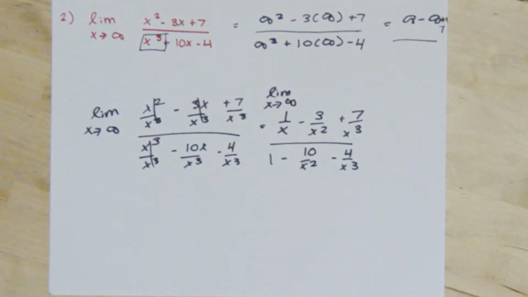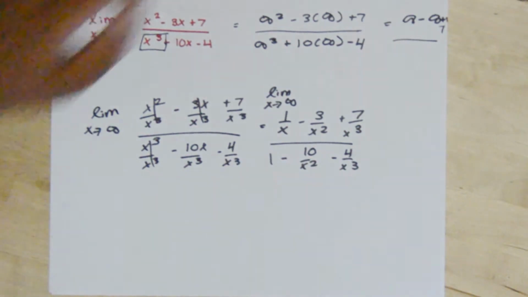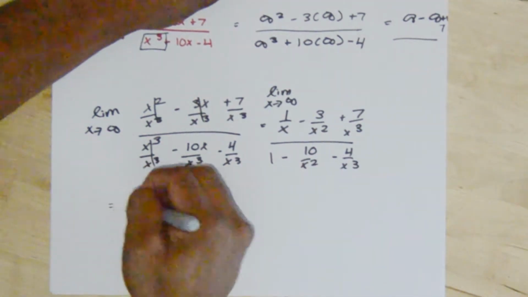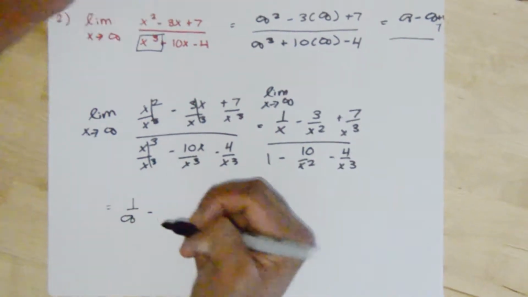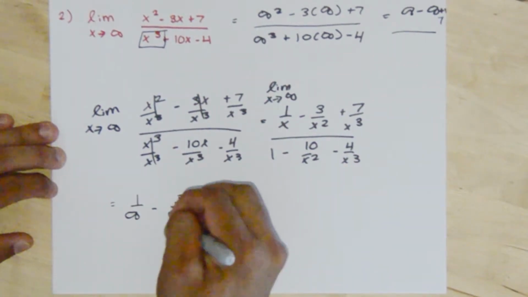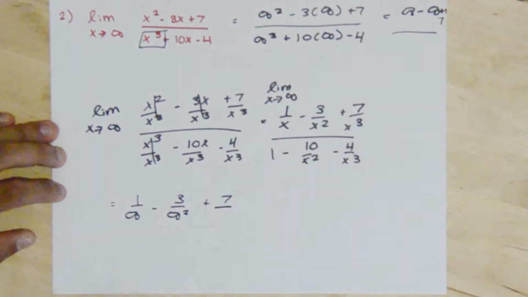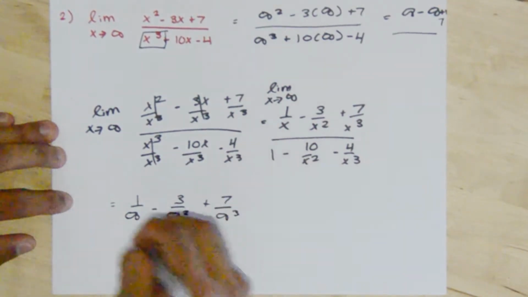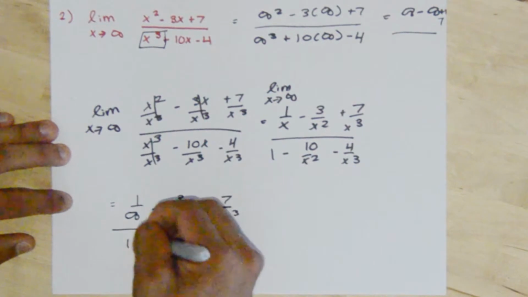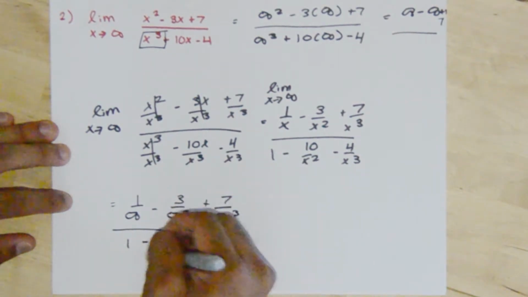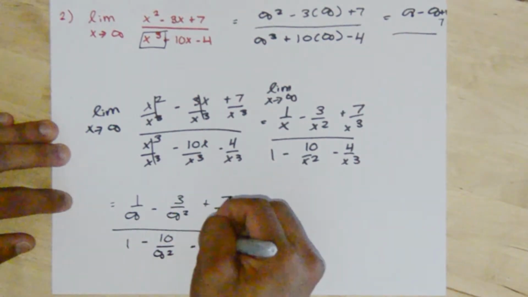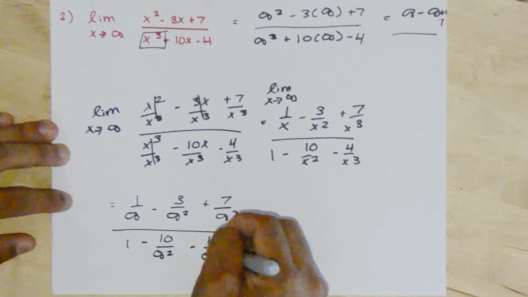In this case, this is completely simplified, and at this point, if we substitute infinity for the x's, we get 1 over infinity minus 3 over infinity squared plus 7 over infinity cubed over 1 minus 10 over infinity squared minus 4 over infinity cubed.